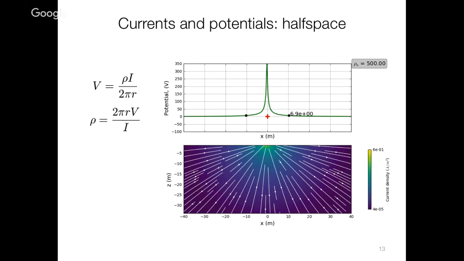Yeah, because we can take this equation for modeling potential and rearrange it, and we can write that rho is equal to this. So if I measure the voltage, and I know r, the distance from my current electrode to my location, and I know the current, then I get the resistivity is equal to, in this case, 500 ohm meters, which was exactly what the resistivity was.